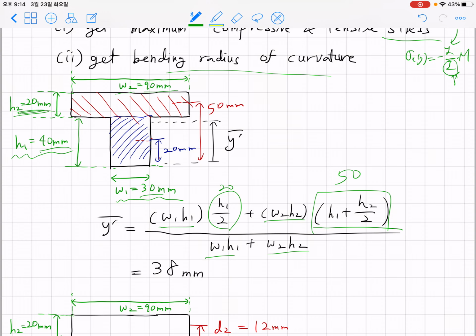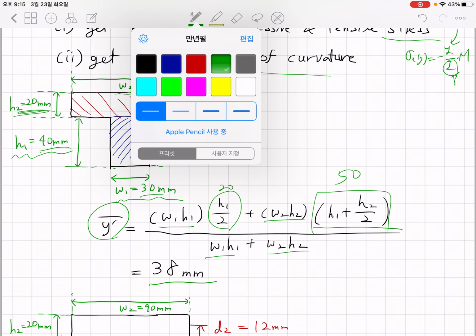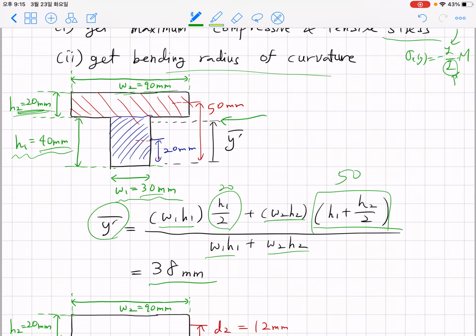Regarding the red one, it's 1800. After plugging in all those numbers, what you get is y prime bar is 38 millimeter. So you can identify that this is the centroid of the entire cross section, and this distance turns out to be 38 millimeters.